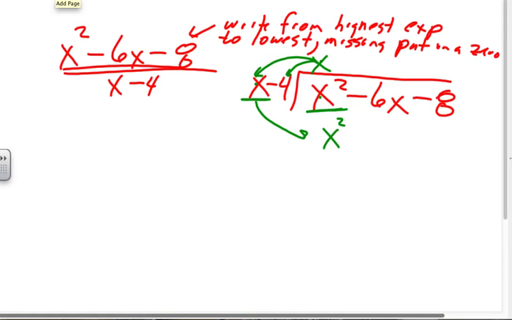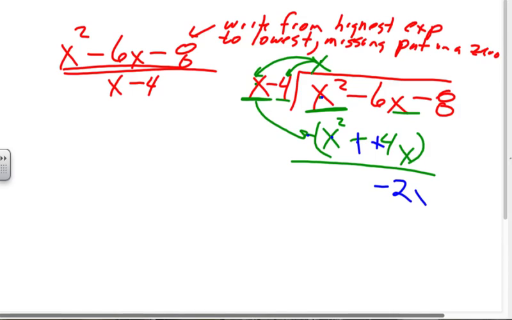When you're finding what you put here, all you're worried about are just these two terms; you ignore the other stuff for now. So I'm going to have x squared minus 4x. Then like on the other one, I subtract these two terms. x squared minus x squared is 0. Negative 6x, negative and negative makes a plus, negative 6x plus 4x gives me negative 2x. Then I bring my negative 8 down, just like we did with numbers.